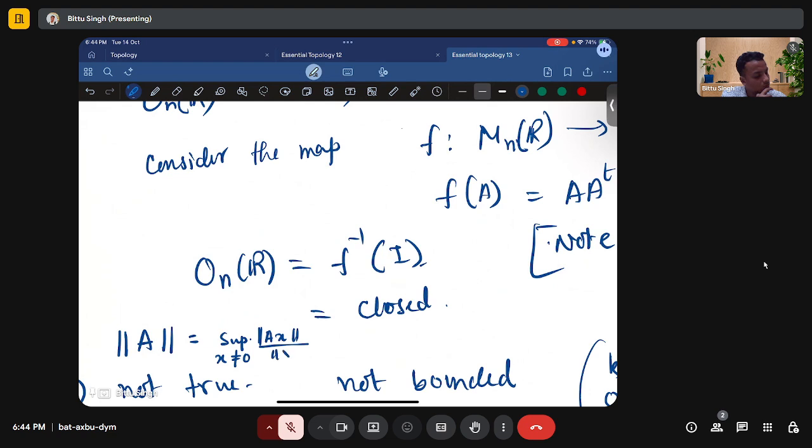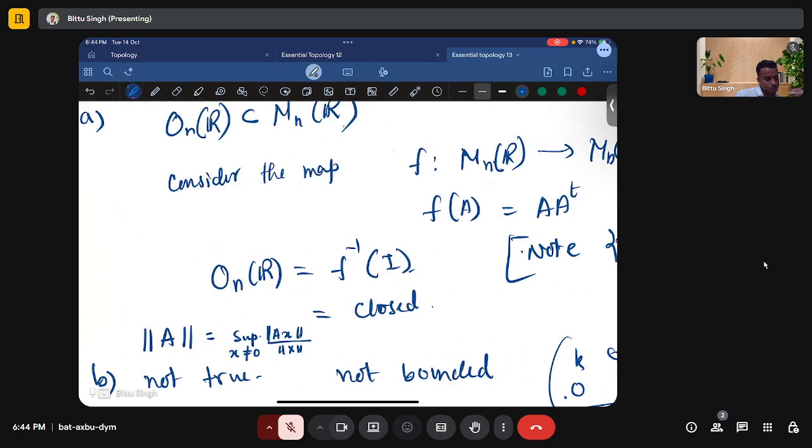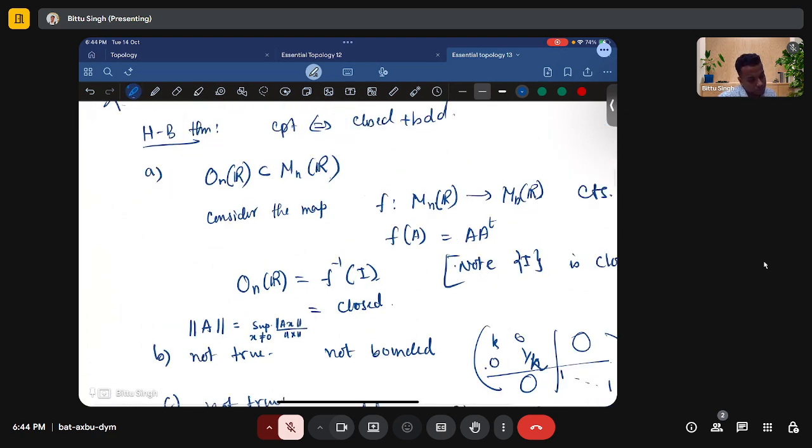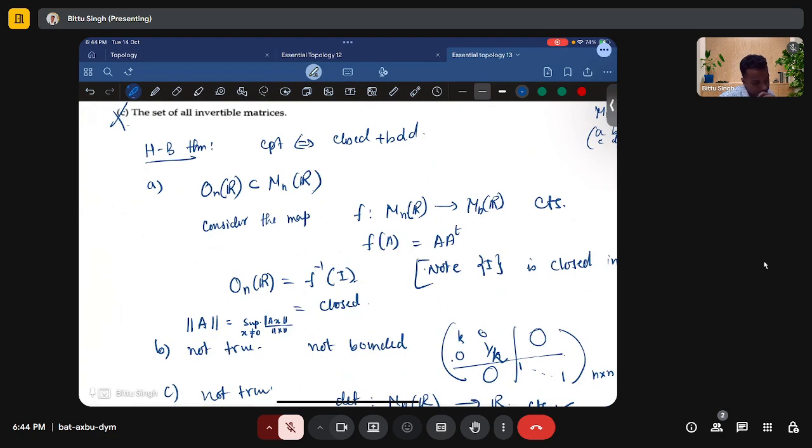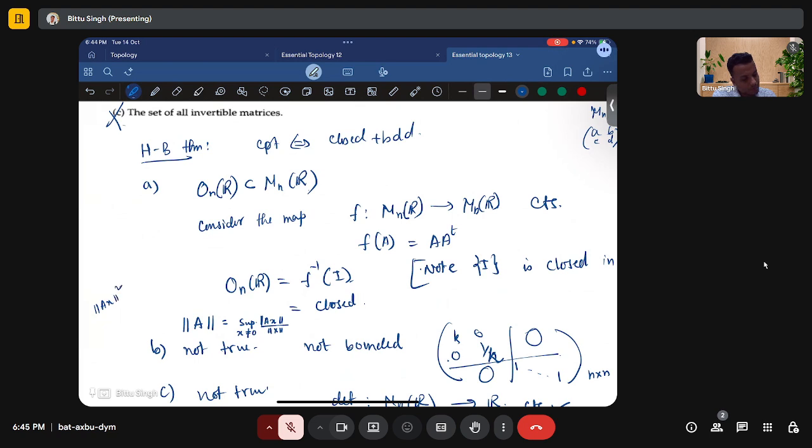Norm X square is the same as X transpose times A X, and A transpose A is identity, that means this is X transpose X. So this is norm X square, over norm X, because we need to take the modulus.